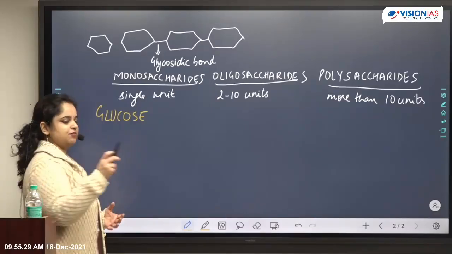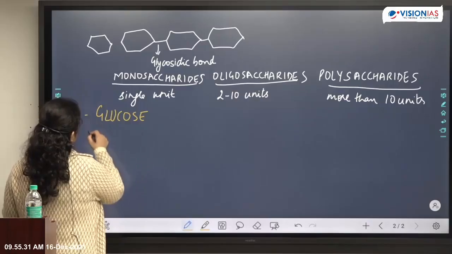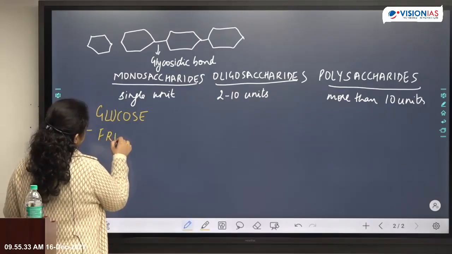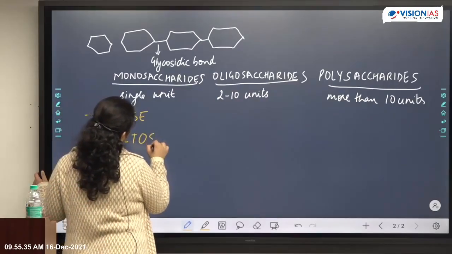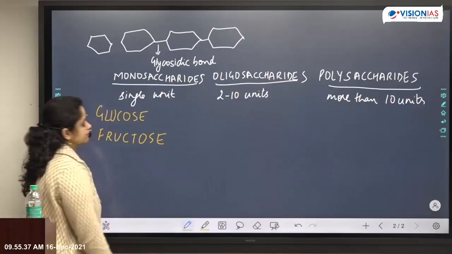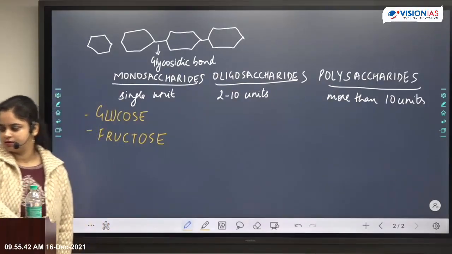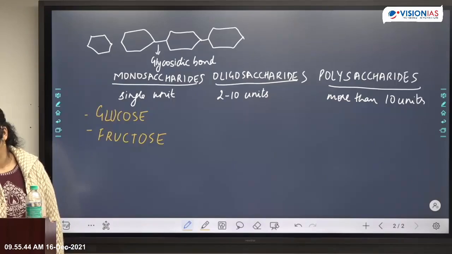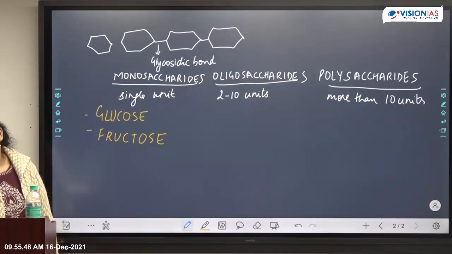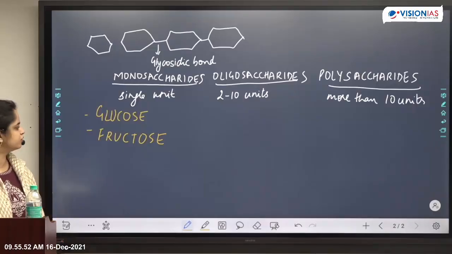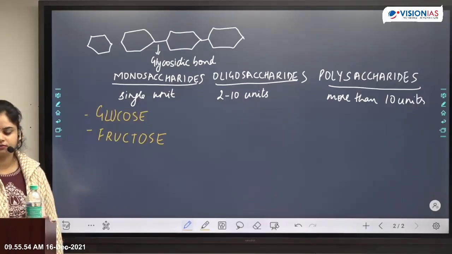Next example is fructose, or the fruit sugar.